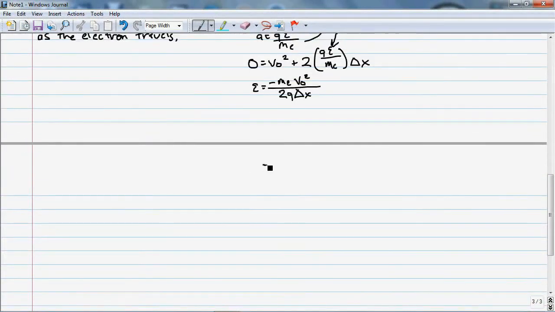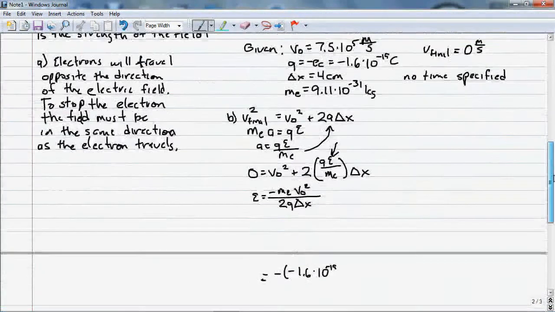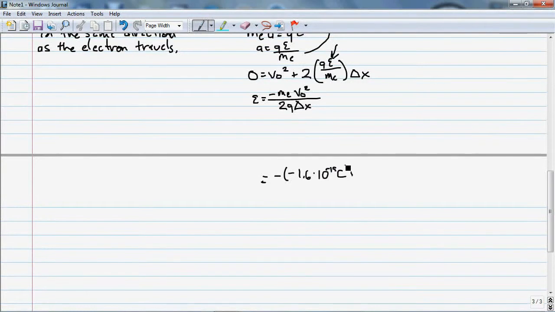Putting in our values, it's negative 1.6 times 10 to the minus 19th coulombs times 7.5 times 10 to the 5th meters per second squared divided by, oh, I put the wrong value in the top.